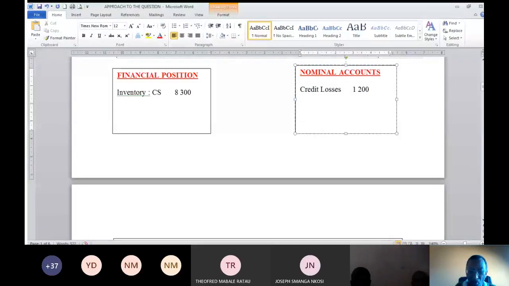So we have got more credit losses, another 1,500 rand of the debtors must be written off. So your credit losses will now be the 1,200 from adjustment number 3, and from adjustment number 4, a further 1,500 rand. Okay.